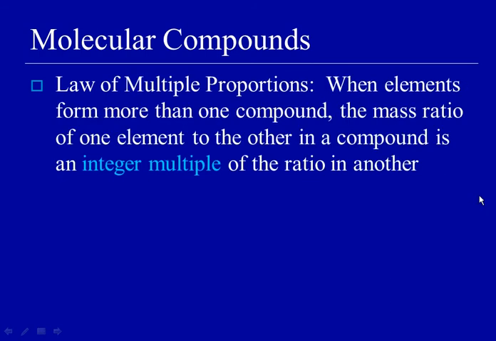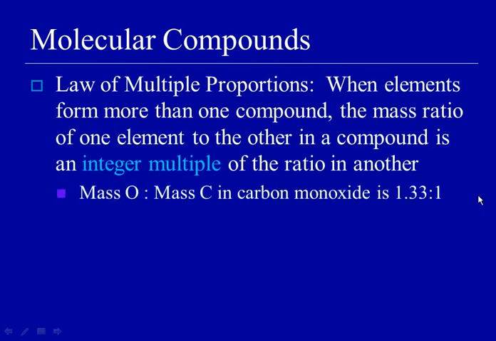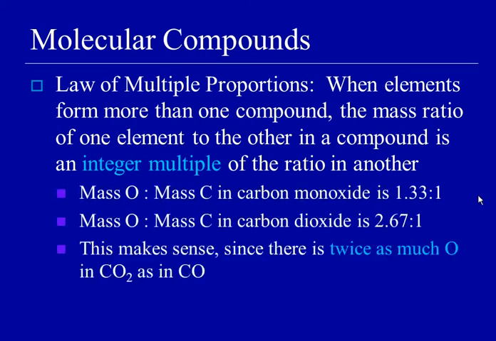Another one is the law of multiple proportions. And here's some examples of this. Again, we get down to this example with CO2. This is the chemical formula for carbon dioxide. Carbon and oxygen in a 1-to-2 ratio.